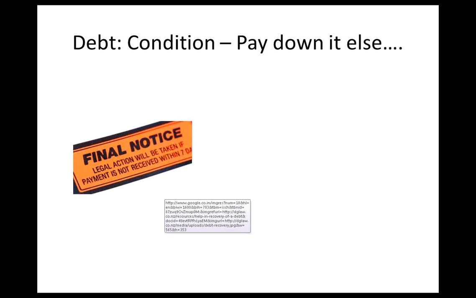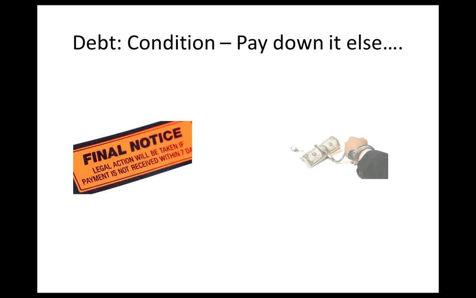Always, debt has a condition: pay it down, or else. There will always be some legal action taken if payment is not received within such and such days or months, or whatever the time frame is. Else, there could be a situation.